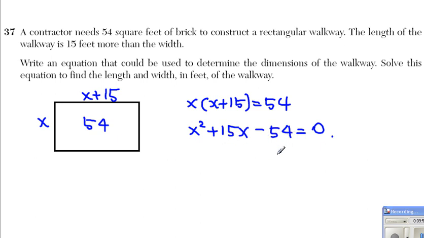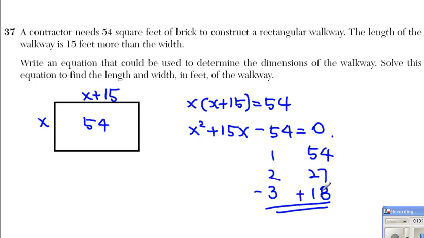Let us say we don't know, and we can count one by one: 2 and 27, 3 and 18. Oh, wait a minute. 3 and 18, because if we have negative 3 and positive 18, we would have gotten our answer. So our factors will be x minus 3 and x plus 18 equals 0.